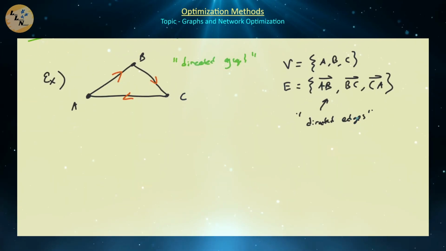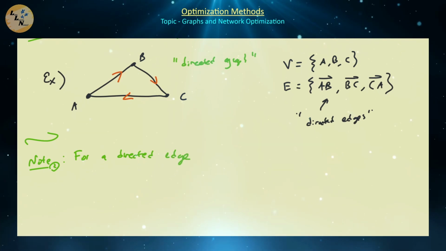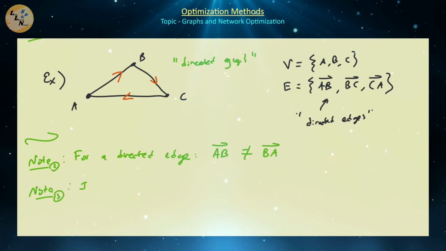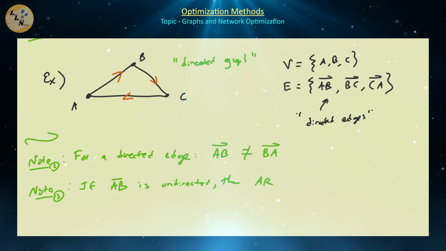From these basic definitions, you should be able to come up with the following observations. In particular, for a directed edge, AB is not necessarily equal to BA. And another important observation: if AB is undirected, then AB and BA represent the same exact edge.